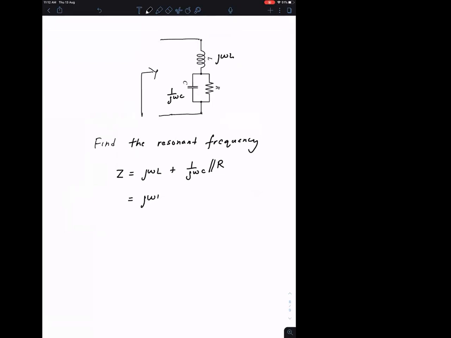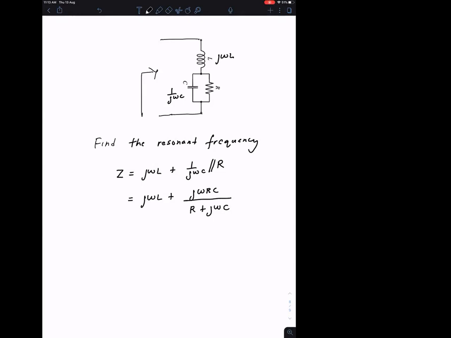So that's going to be j omega L plus j omega RC divided by R plus j omega C. That's a parallel combination of the resistance and the capacitive impedance. Then from then on it's going to be algebra.